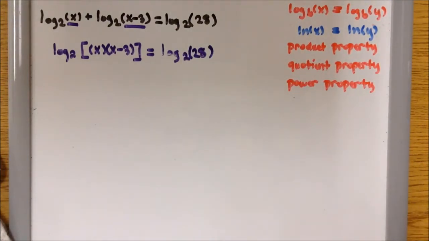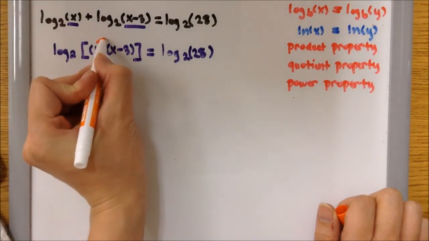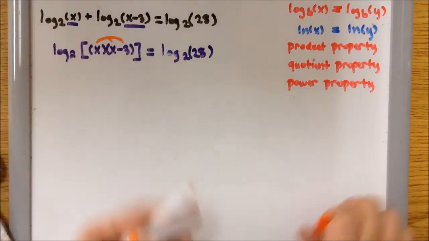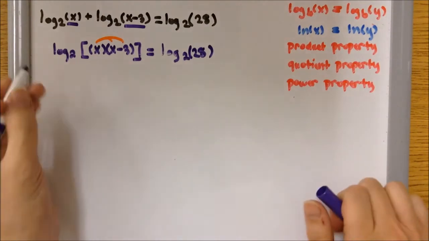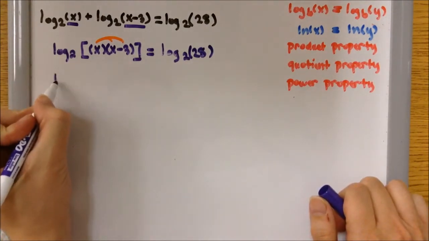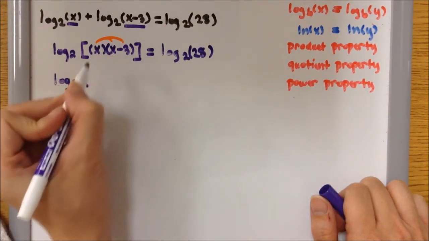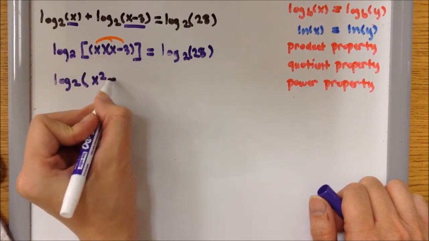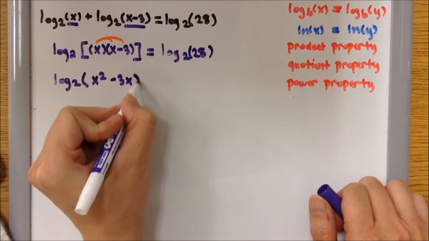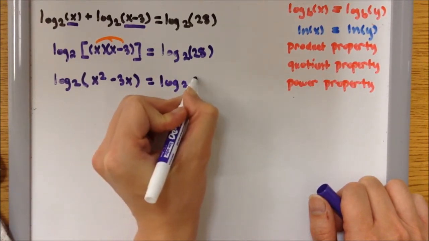Alright, so again, on my left side, I have a single log base 2, but also inside is x times x minus 3. So let's write that out. So log base 2, so x times x is x squared, and then x times minus 3 is minus 3x, and then equal to log base 2 of 28.